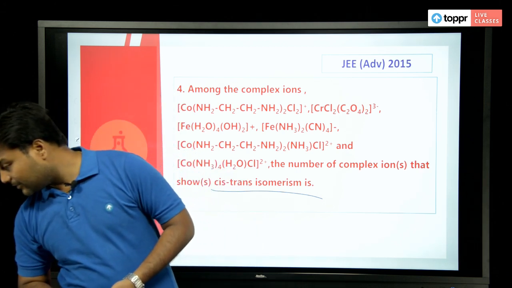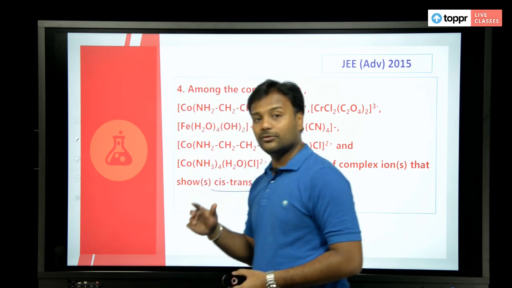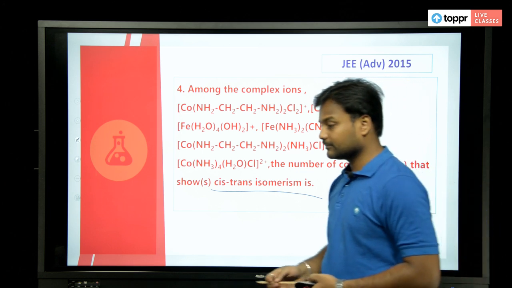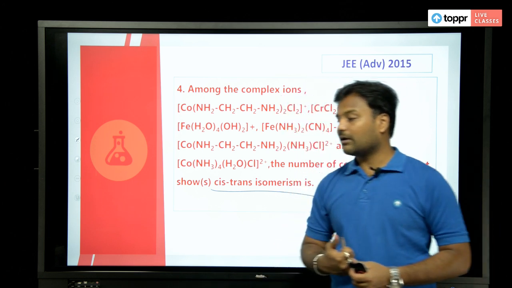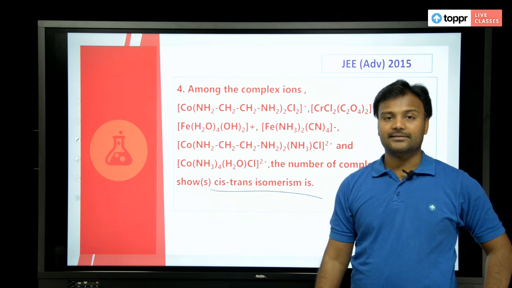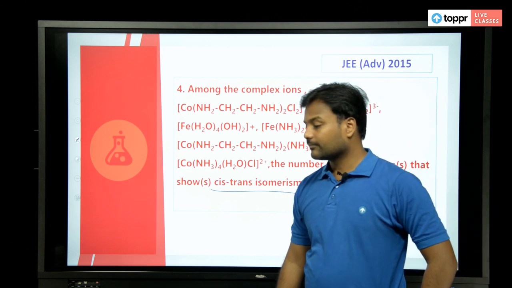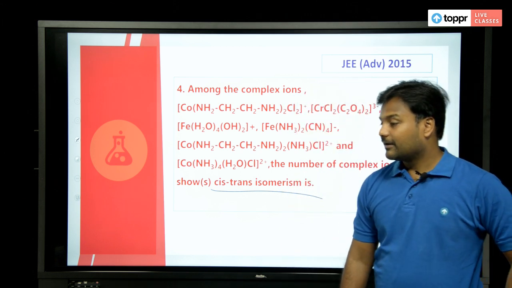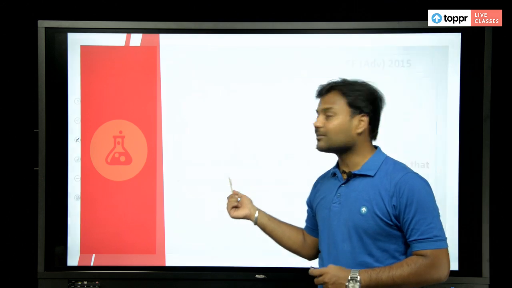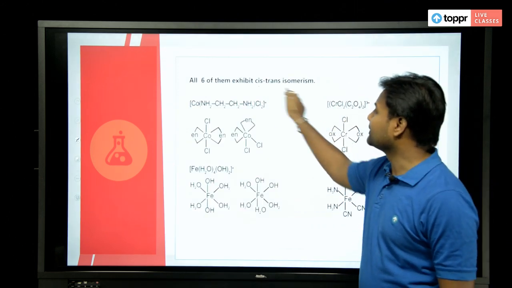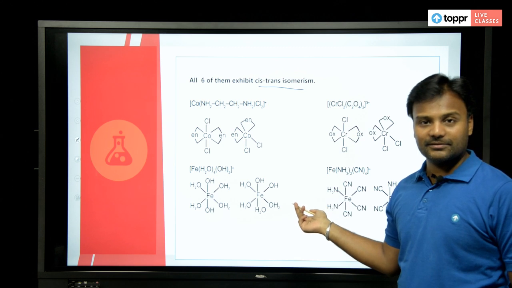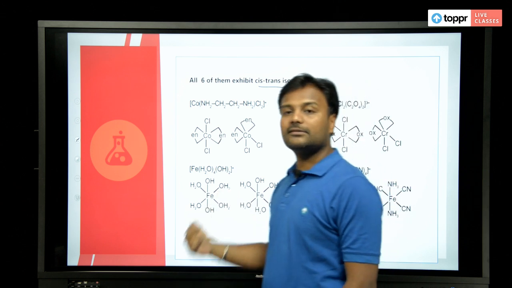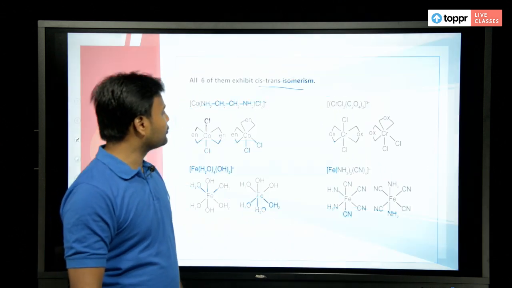Sujal Patel, you answered as 6, that means you mean all the 6 compounds exhibit geometrical isomerism, is it? So, what are other answers, guys? Right, here all the 6 compounds are going to exhibit cis-trans isomerism. Look at the compound structures. Every complex exhibits cis-trans isomerism.